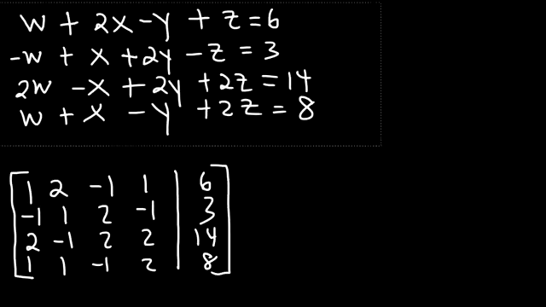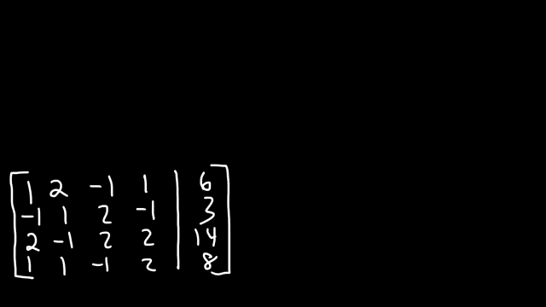Now let's get rid of this. What we need to do is to convert these numbers into a 0. So if I add row 2 and row 4 and apply it to this row, I can get my first 0. So let's do that.